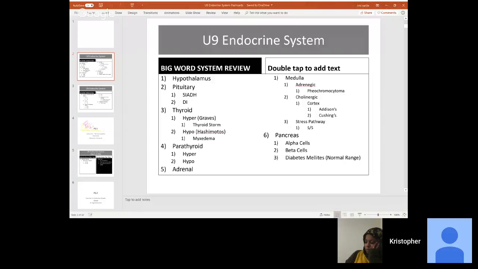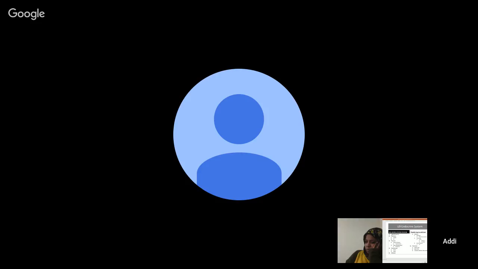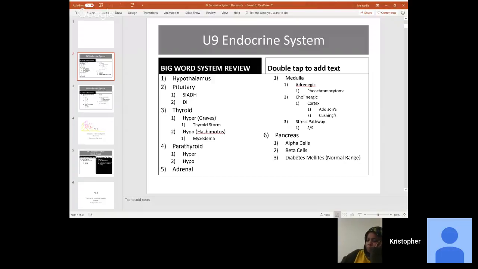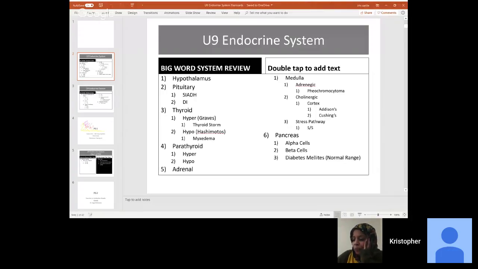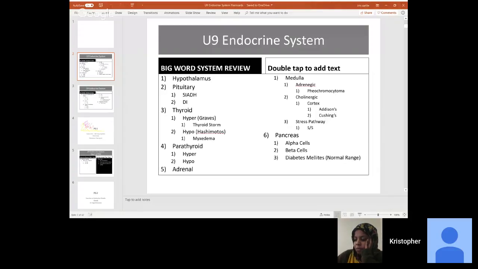So Addison, can you give us the mineralocorticoid? Which one is that one? It's your favorite one from urinary. What's the end state of RAAS? Aldosterone. So aldosterone is our mineral or salt-based corticosteroid in the cholinergic system.